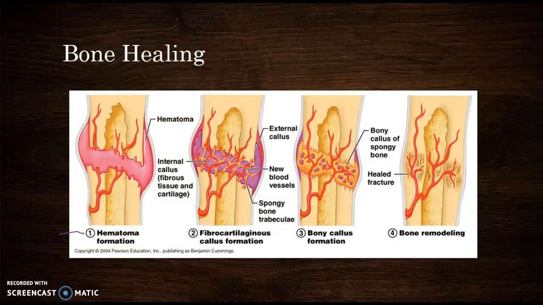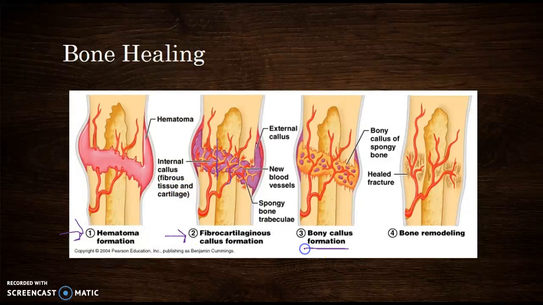So step one, we have the hematoma forming. That's pretty much right after injury. You have blood pooling in the area. The bone tissue surrounding the break is dying. Then you have your fibrocartilage callus, or the splint, forming. So you can see we have some connective tissue trying to bridge the two broken bones together, and you have new blood vessels innervating the area.